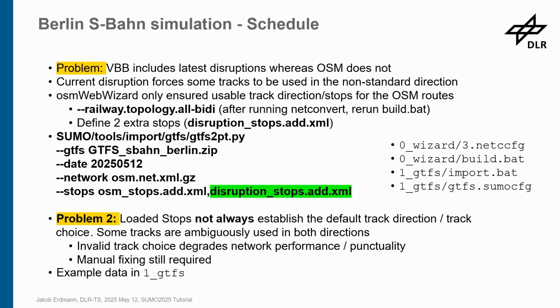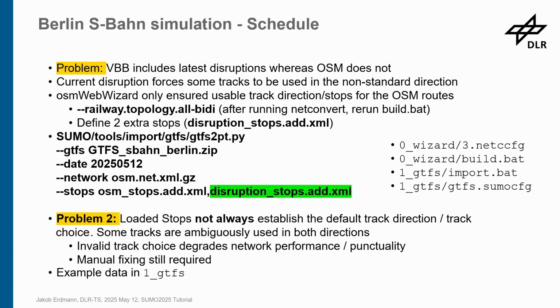Some stops are only used sometimes, but they're all there as candidates. So there may still be issues in this simulation where trains run on the wrong side of a double track line. And of course, this has an impact on the efficiency of train operations. So one still has to look and see whether everything is working all right.